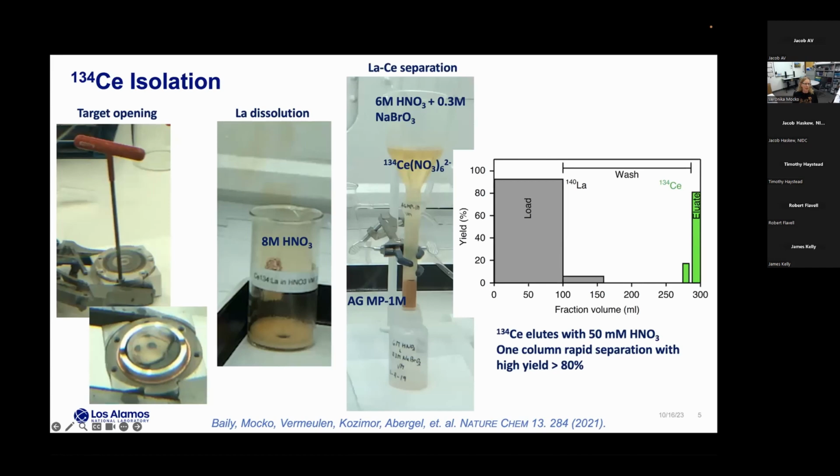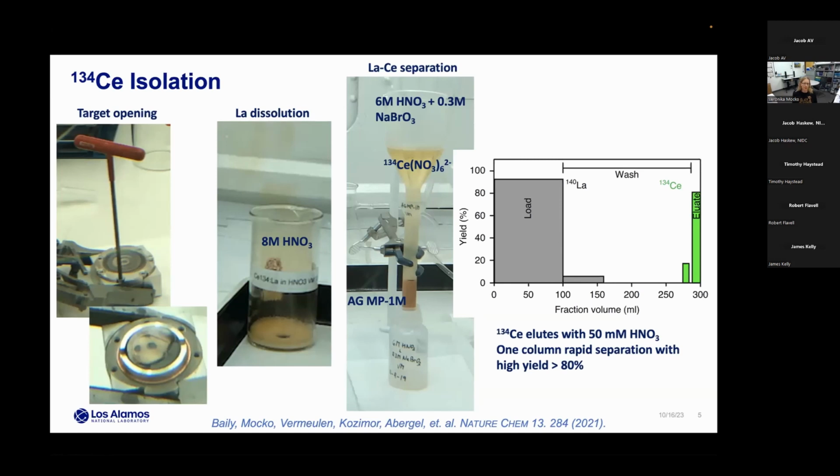After the lanthanum is irradiated, it's brought up to our processing facility, where we open up the target, remove the lanthanum metal, and dissolve it in 8 molar nitric acid. We bring the lanthanum into solution and then follow with lanthanum-cerium separation. Overall, lanthanide separations are fairly difficult, mainly for neighboring lanthanides.